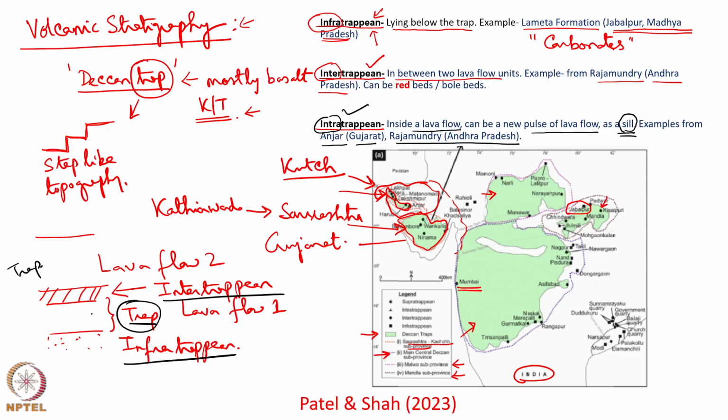Within this trap material, suppose a late phase concordant magmatic intrusion has happened, then these are known as the sills, and since it is occurring inside a single trap, therefore, it has been called an intratrappean.